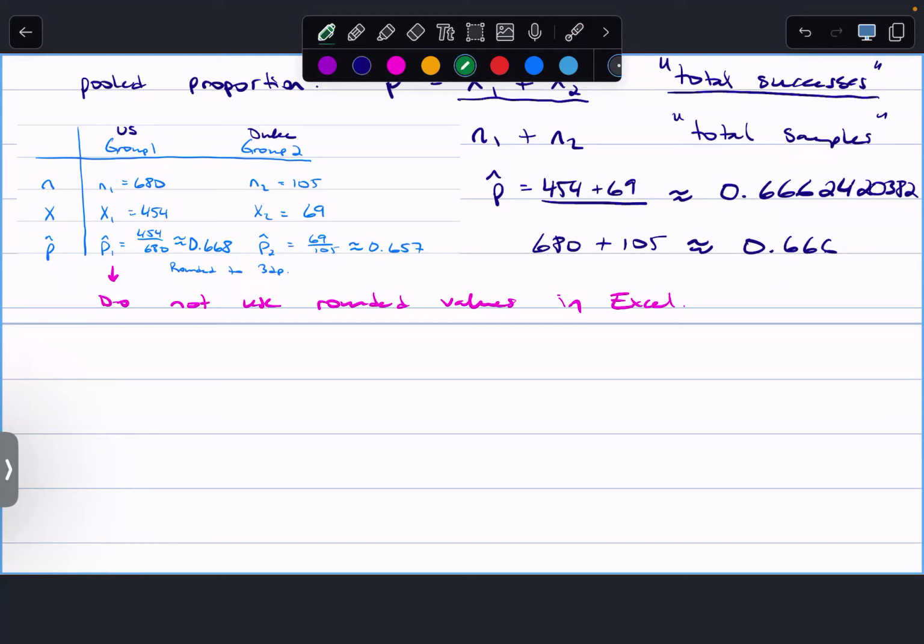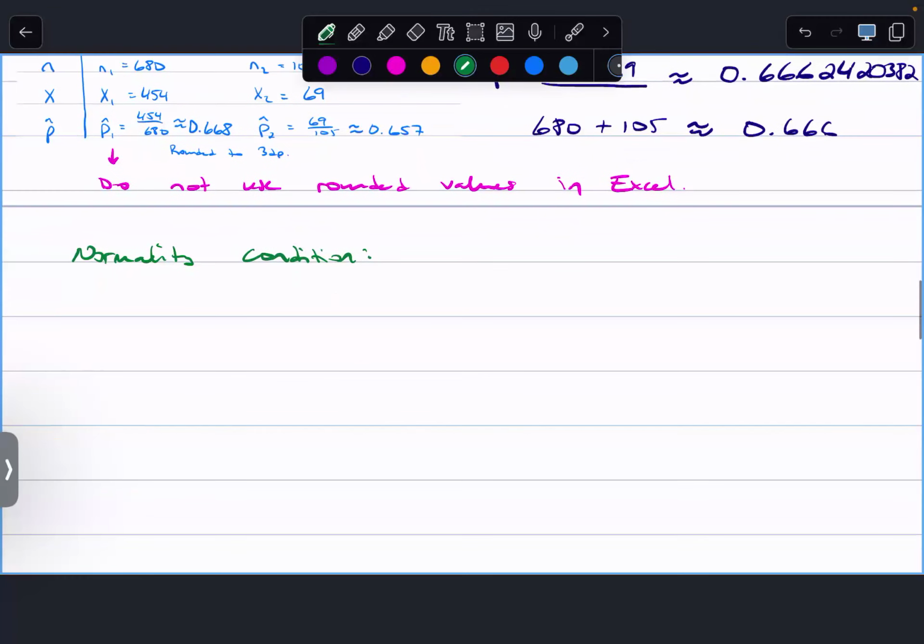The condition was, let me just clarify, the normality condition was that I have to have at least 10 expected successes. What that's going to look like in each group, right?